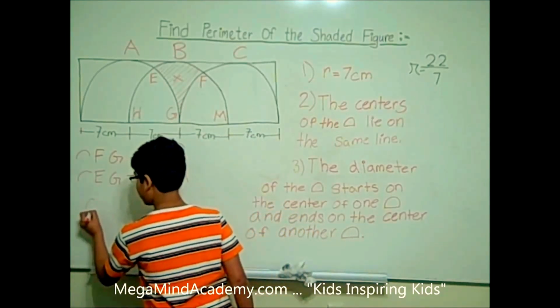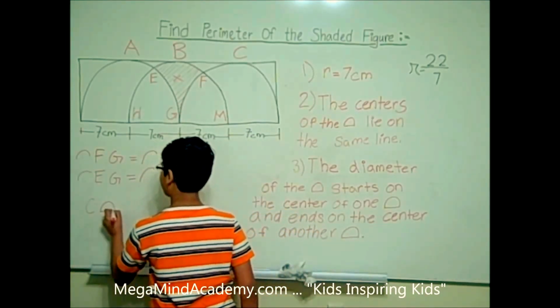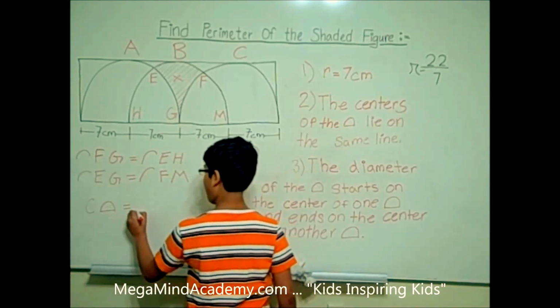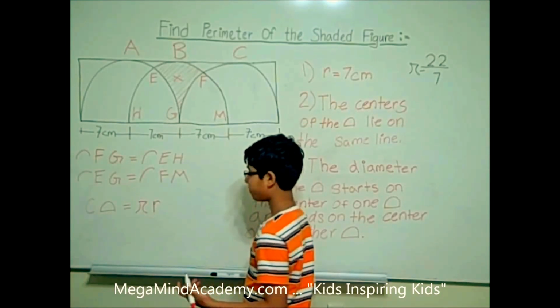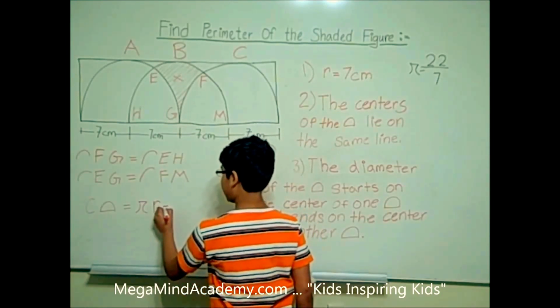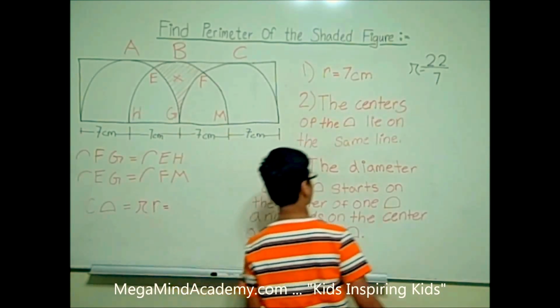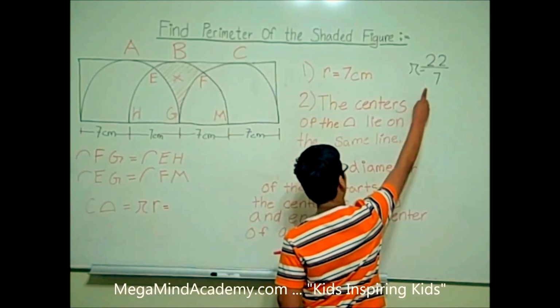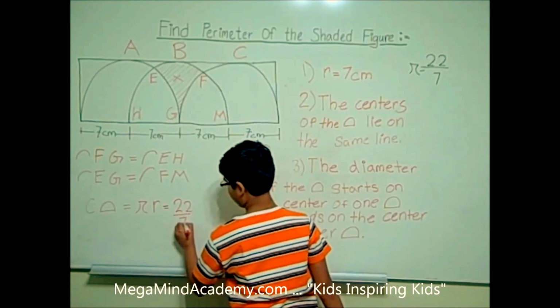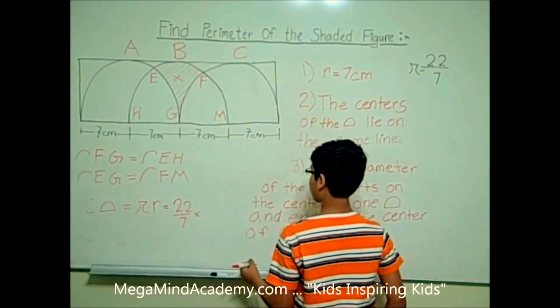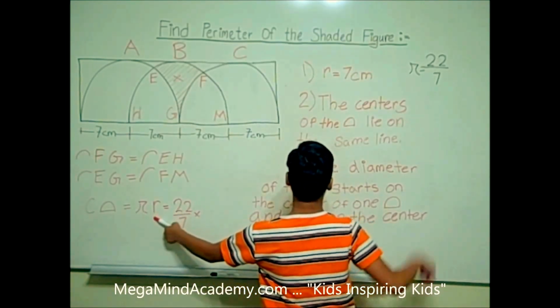The circumference of a semicircle is equal to pi times r, or pi r. So this is equal to pi, which is 22 over 7, times the radius, r for radius.